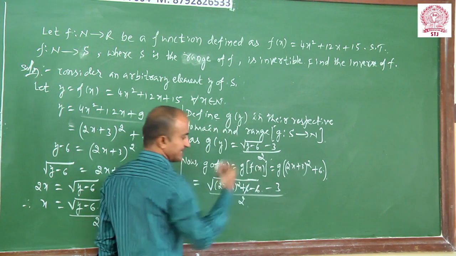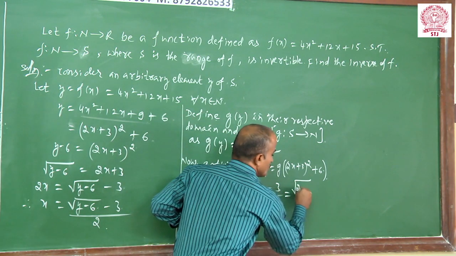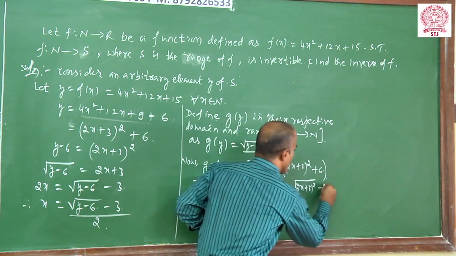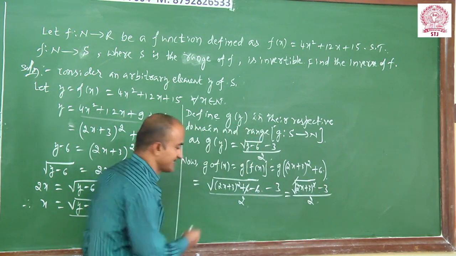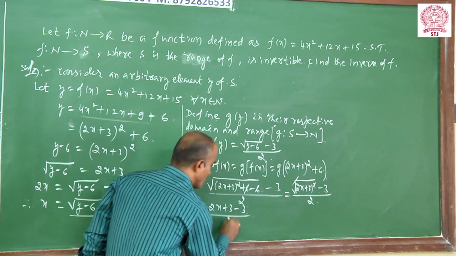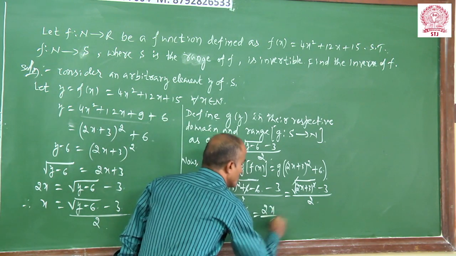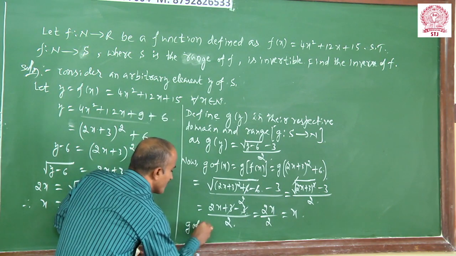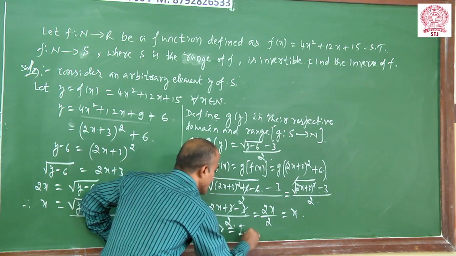That plus 6 minus 6 gets cancelled. Root of (2x plus 3) whole square minus 3 by 2. That whole square and root get cancelled. We have 2x plus 3 minus 3 upon 2. 3 cancelled. We have 2x by 2, which implies x. That is g∘f of x equals x, for x in N.